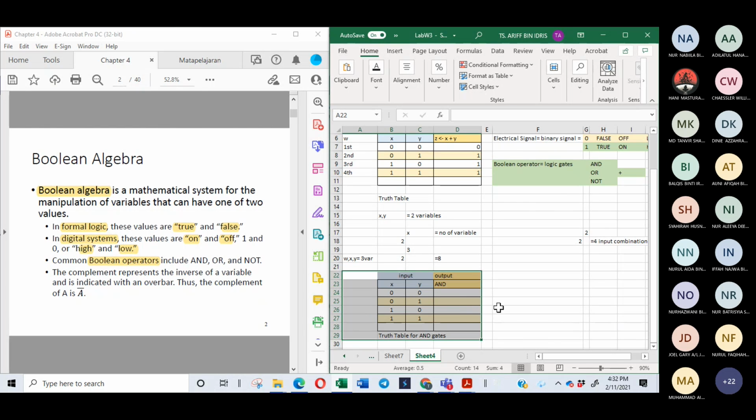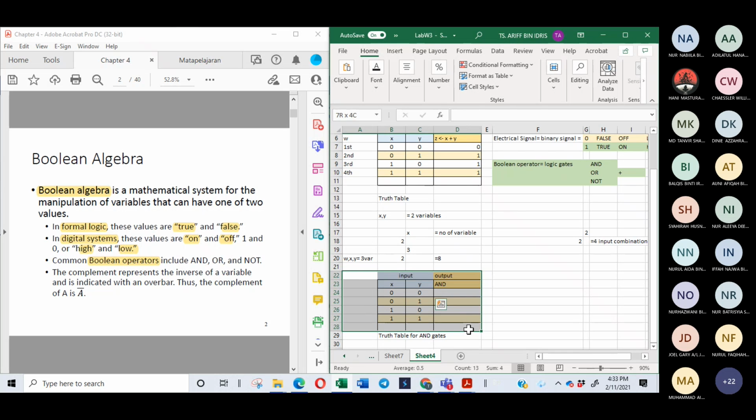Yes. So in 1 minute, I want any of you to share your answer about the Boolean expression, and then give me the output, the results after you perform the logic gates. Are you clear, class?